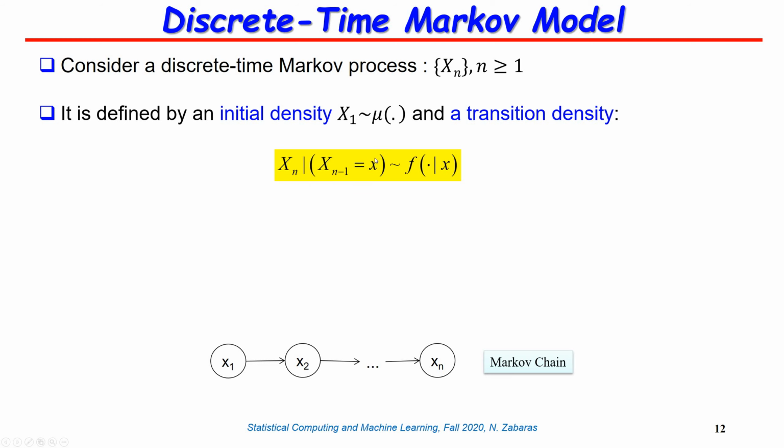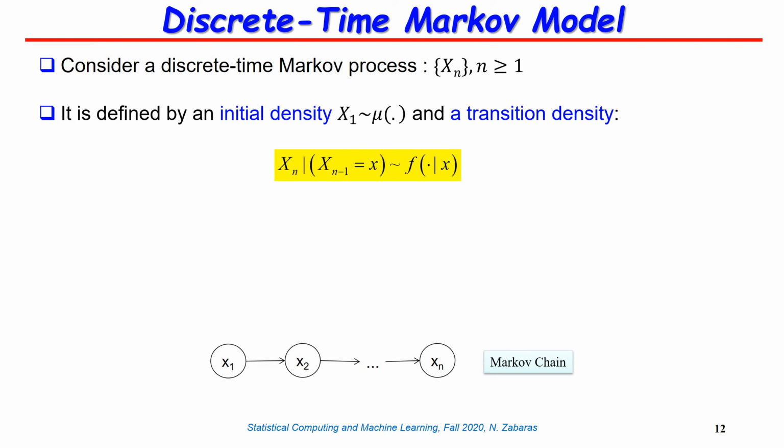And then I have a transition kernel, a rule that tells me how to go from the state at time n minus 1 to the state n. This transition density, I call it here f, and I'm going to refer to f as my dynamic model. It's the model that tells me how to transition from a state at one time to the state at the next time step. And now I emphasize this Markovian model.